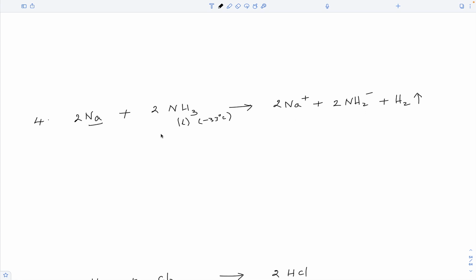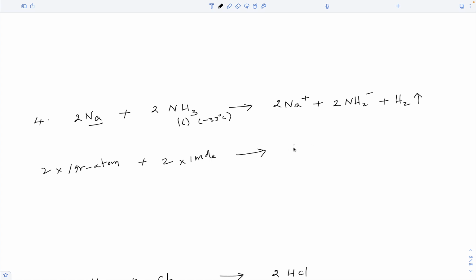Na represents an atom of sodium, so 1 gram atom of sodium multiplied by its stoichiometric coefficient 2, plus NH3 is the molecular formula of ammonia, so 1 mole of ammonia multiplied by its stoichiometric coefficient. Na plus is a sodium ion, not a sodium atom.